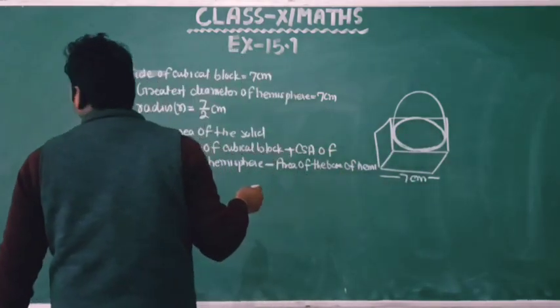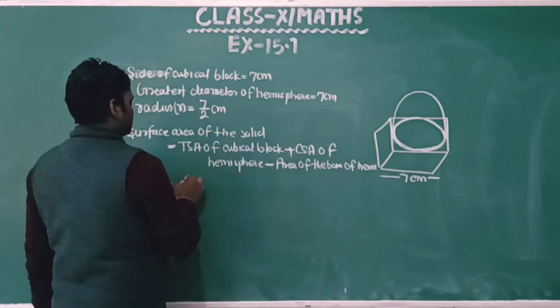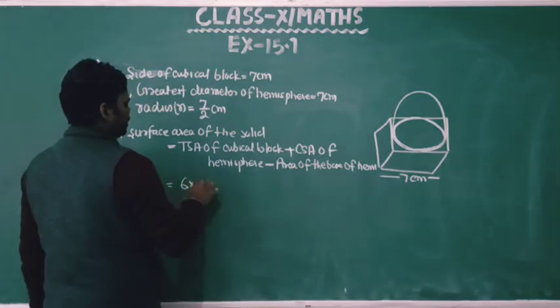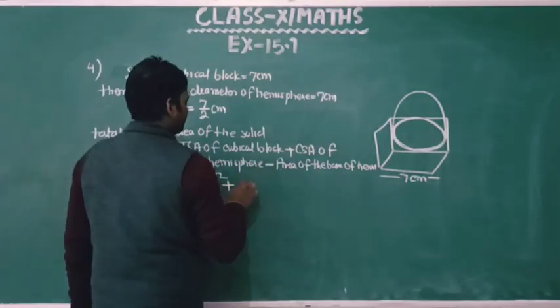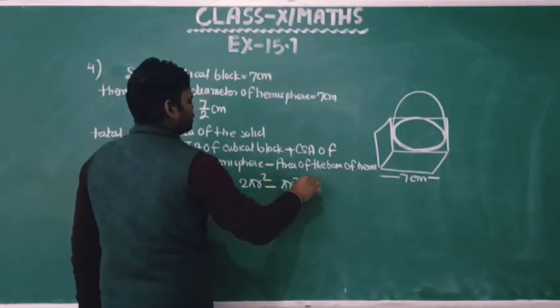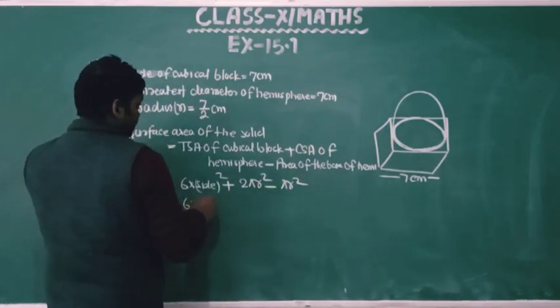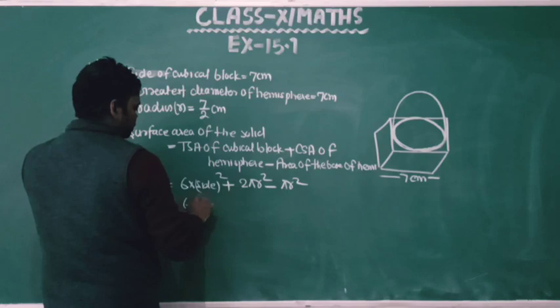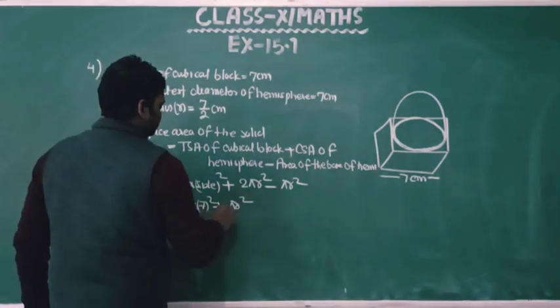So we subtract the circular base of the hemisphere. So this is 6 into side square plus 2 pi r square minus pi r square, the circular base. So this is 6 into 7 square plus pi r square.